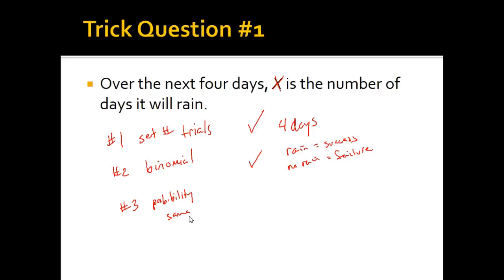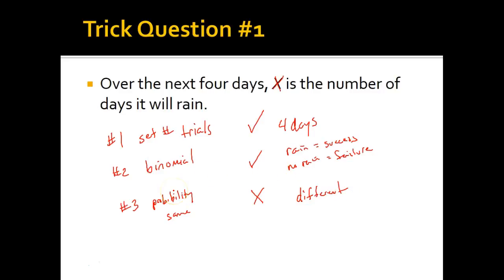It turns out that the answers to those questions are different each time. So the probability of rain is not the same every day. So this would not be a good binomial distribution because the probabilities are different.